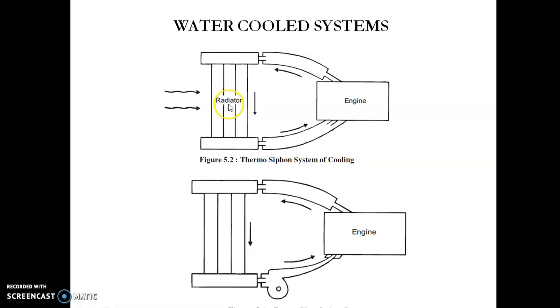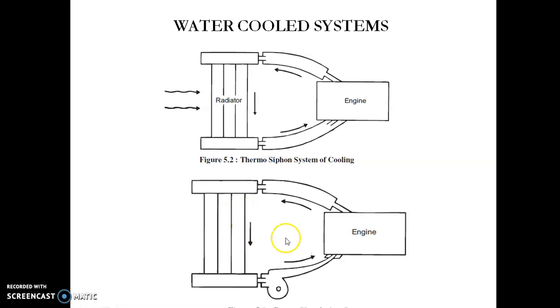Once the temperature drops, the density increases, so the higher density fluid comes down and goes back to the engine cylinder. That is how the cycle operates. The movement of water in this cooling system is due to its own density difference, which is why it is called the thermosiphon system.